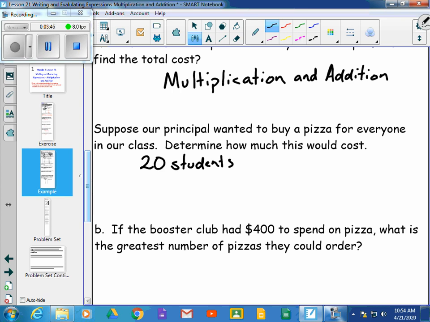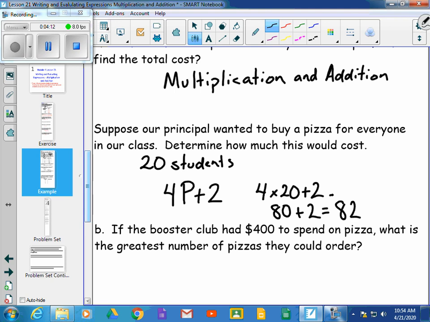We could take that expression, 4P plus 2, which represents how much you're going to pay for any number of pizzas, and we could substitute 20 in for the P. We could make it 4 times 20 plus 2. Substitution. Then we can use correct order of operations. We would multiply first, and then we add. It would cost our principal $82 to buy pizzas for everyone in our class.